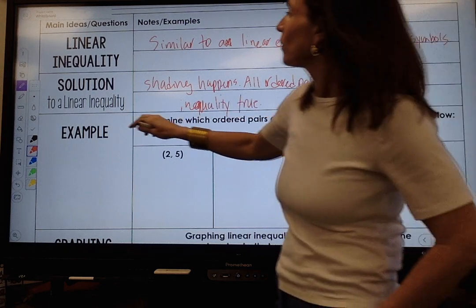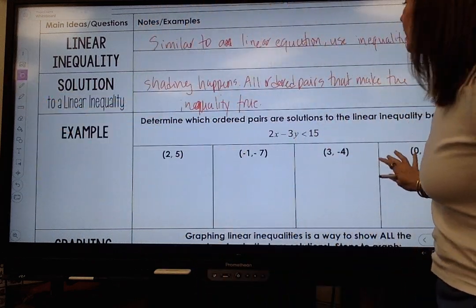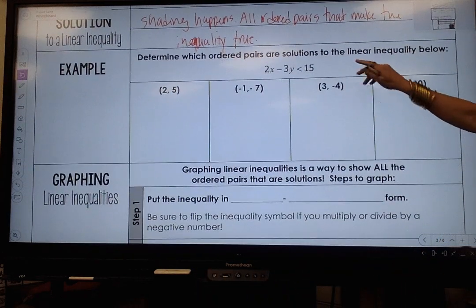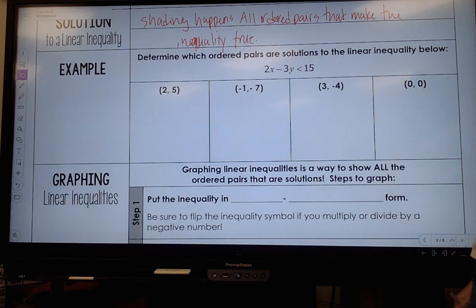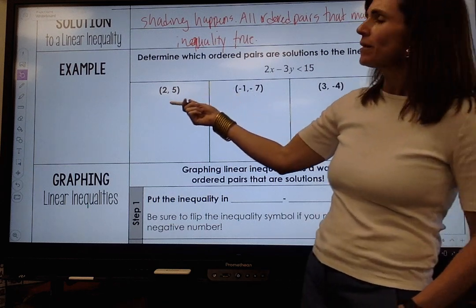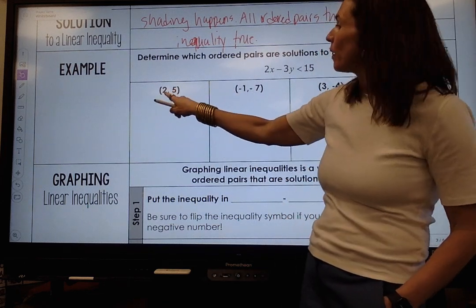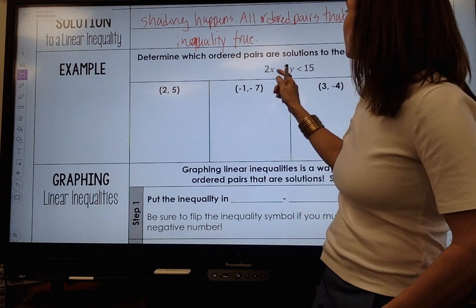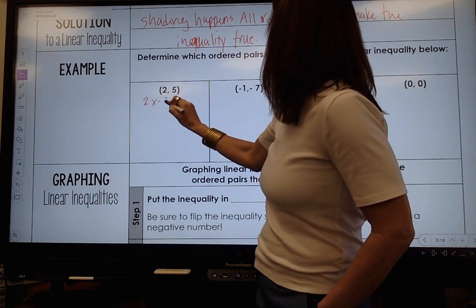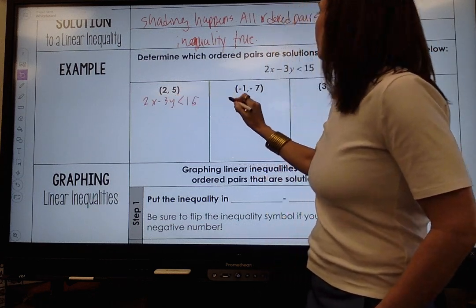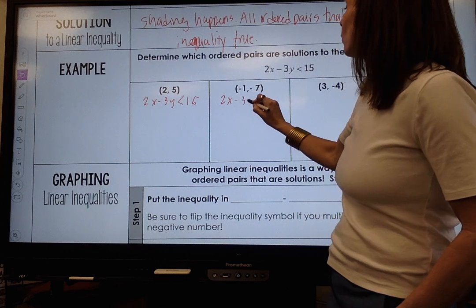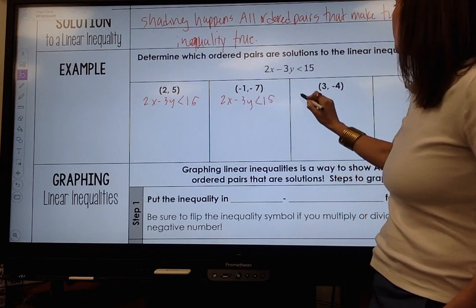Let's look down here for an example, and it says which ordered pairs are solutions to the linear inequality below. So this is very similar to what we've been doing. I'm going to rewrite the inequality in all of these because we're testing these ordered pairs with the same inequality.